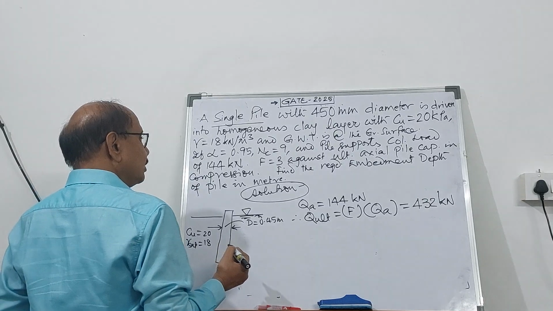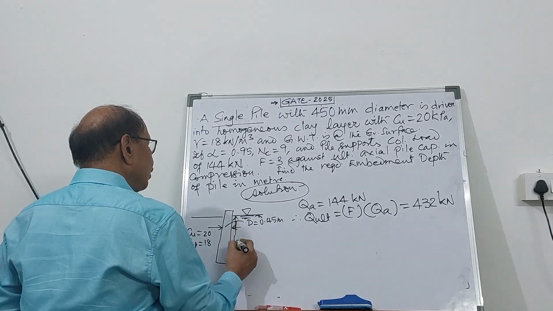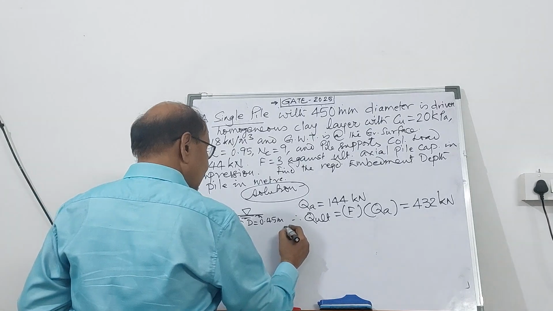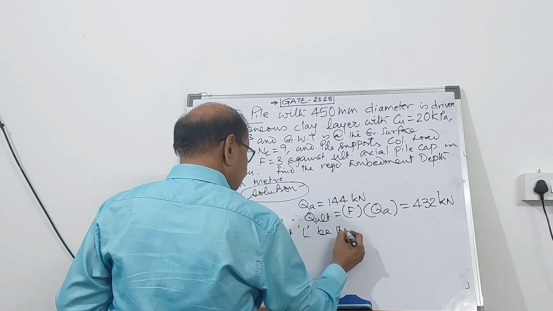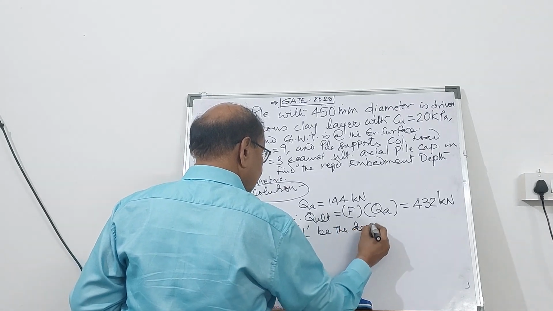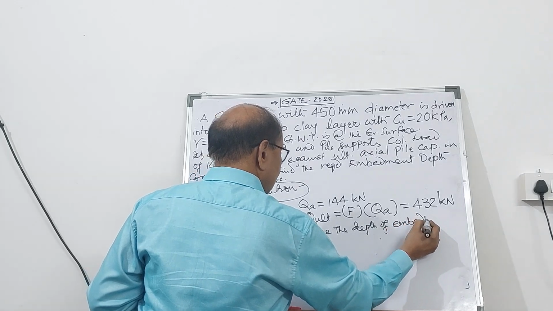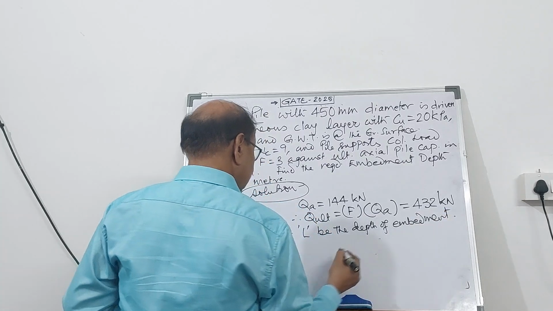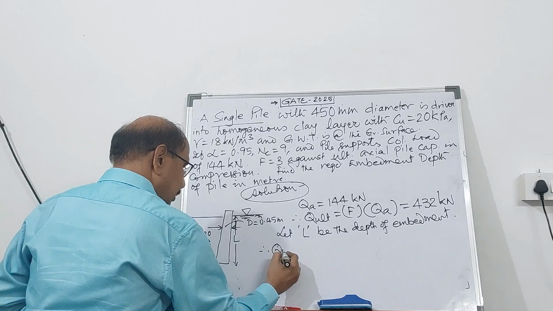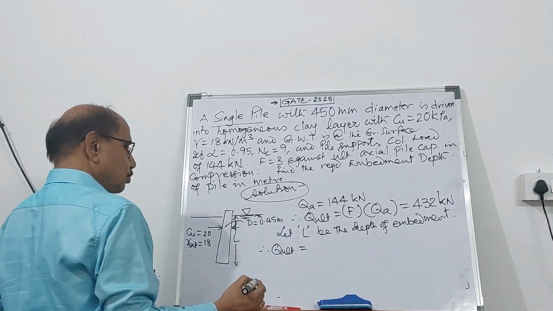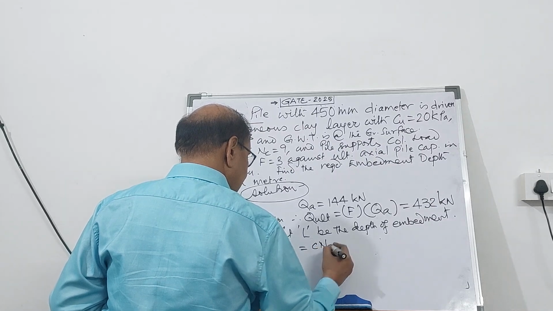So the ultimate load is known to you. Therefore, you can find out the depth of embedment. Let L be the depth of embedment of the pile in meter. Therefore, Q ultimate equal to, we know the formula.